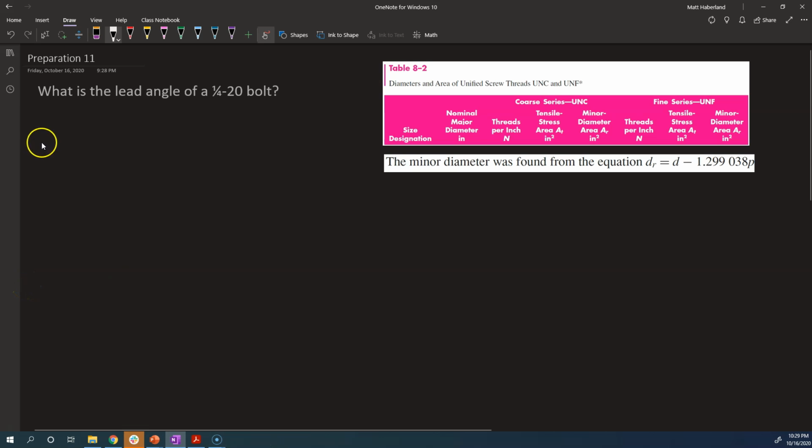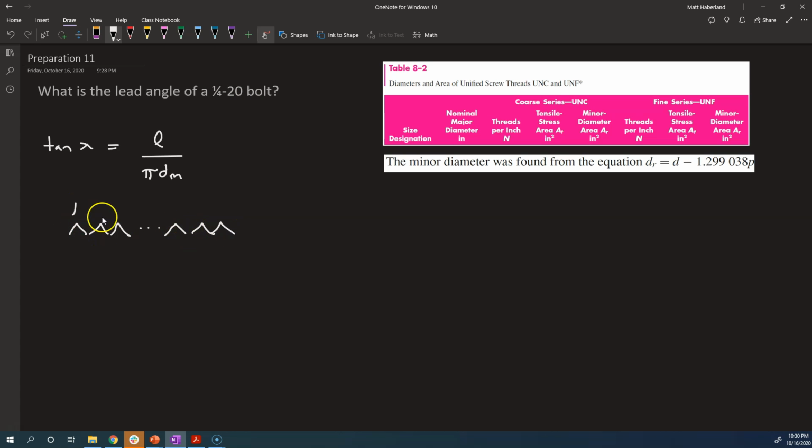So how do we do that? Well, the tangent of the lead angle, let's write that equation down, is the lead, L, divided by pi times dm, the mean diameter. Now, what is the lead? This is a quarter 20 bolt, so there are 20 of these teeth per inch. So what is the spacing between adjacent threads, the pitch?